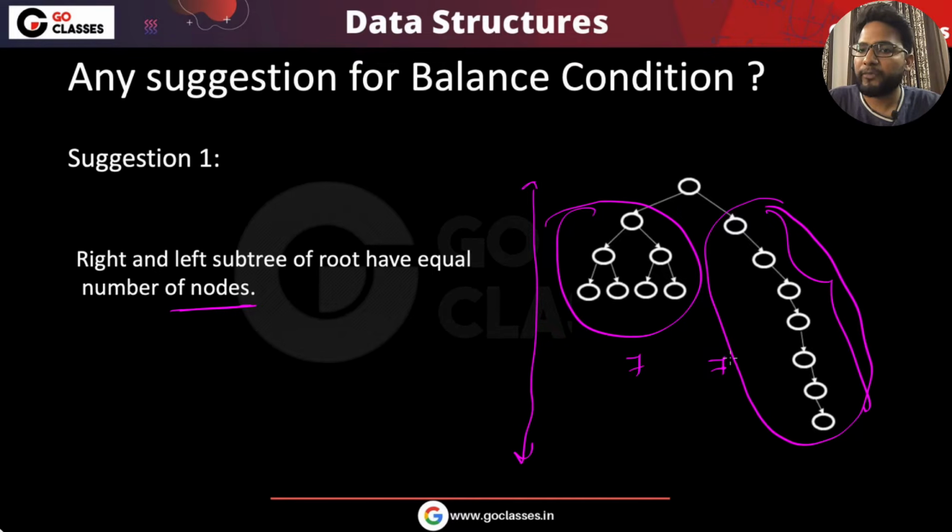So suggestion 1 seemed good, but it is not a good criteria to make height log n. We wanted to make height log n, but if we go for suggestion 1, there could be some trees like this, where for the root, left subtree and right subtree both have equal number of nodes. Still there is a problem, because the height is not yet log n.